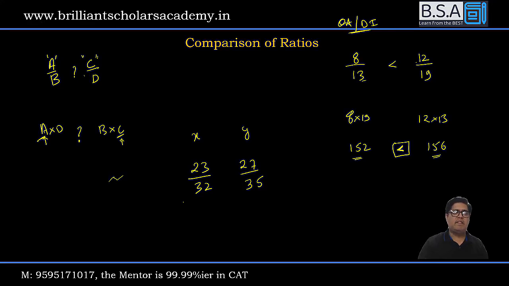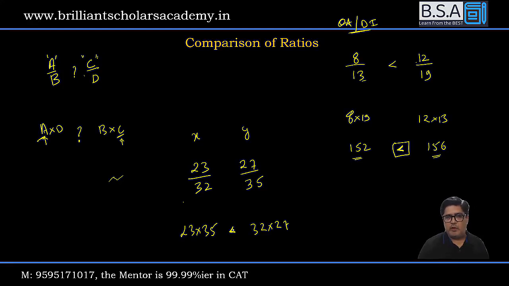Guys, tell me which is larger, X or Y? Quick. So you need to multiply 23 into 35 and 32 into 27 and then compare. You guys are saying Y is more.